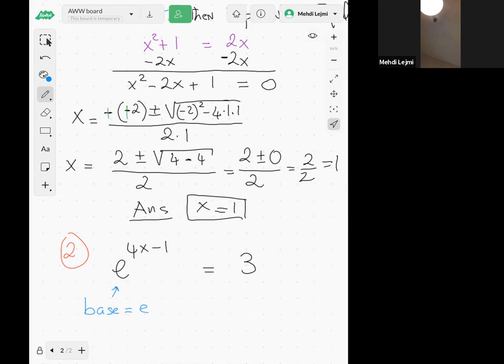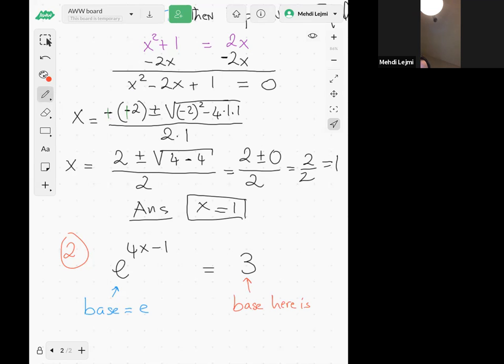On the right side, it's 3. I mean, you can write 3 as 3 to the power 1, but we don't have the same base here. I cannot really write 3 as e to the power 0 or e to the power 1, so I cannot express this 3 as some power of e.